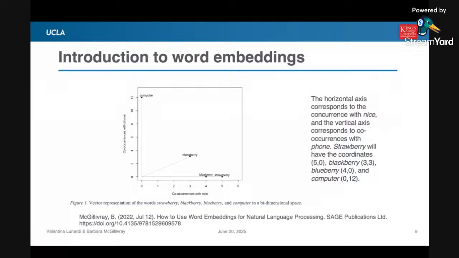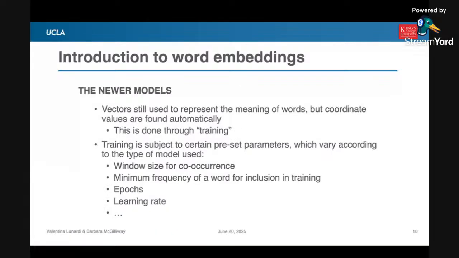And blackberry is somewhere in between. Why do you think that might be? The answer would be, obviously, because BlackBerry at some point was the name of a phone model. It's obviously a fruit as well, so it's somewhat close to the fruit words, but also close to the computer word. So that's the basic fundamental idea behind embeddings.